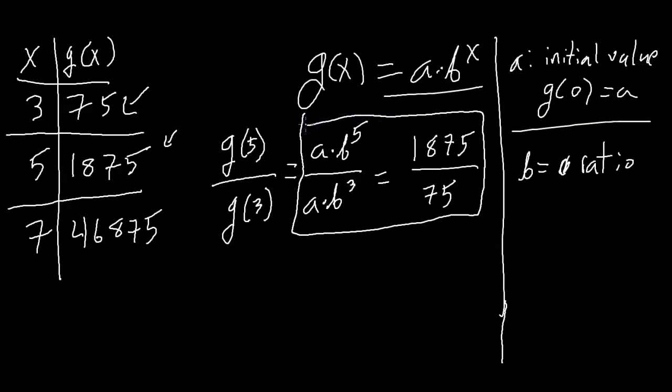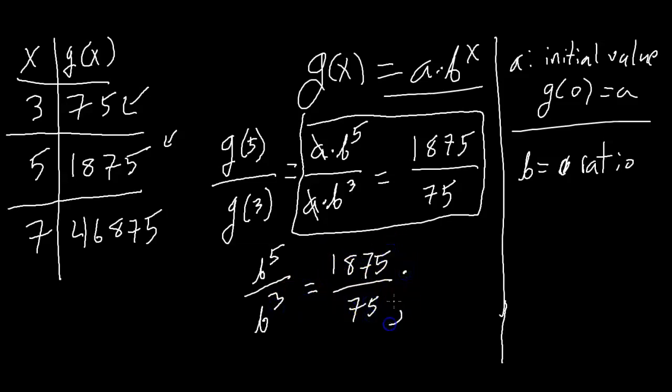How are we going to do that? Well, let's look at what happens on the left-hand side. These a's are going to cancel out, right? And we're going to be left with b to the fifth power over b to the third power is equal to 1875 divided by 75, okay? So let's try to simplify both sides.